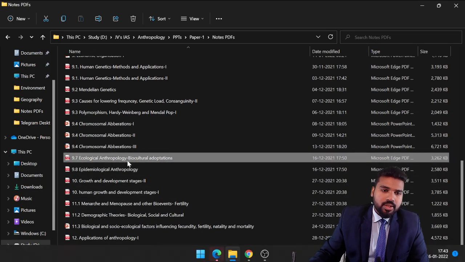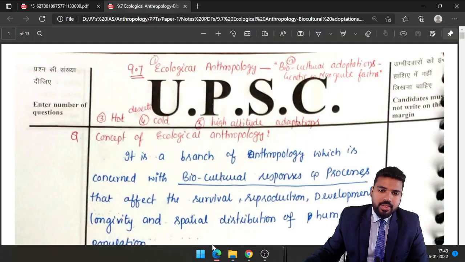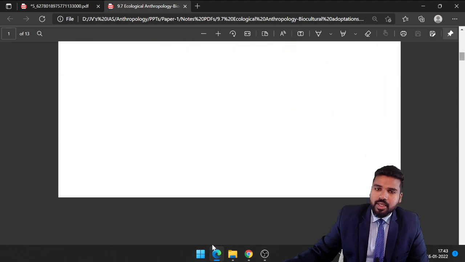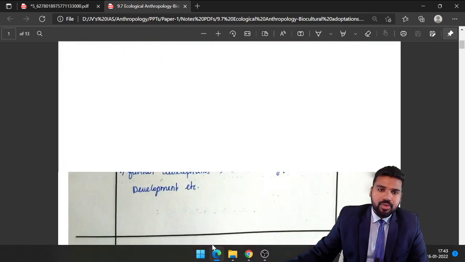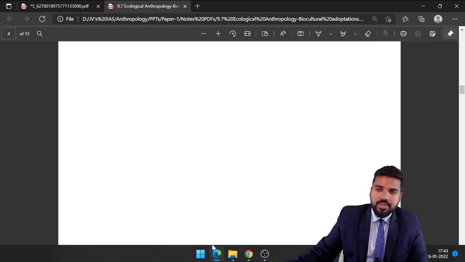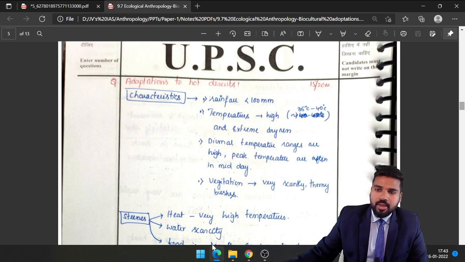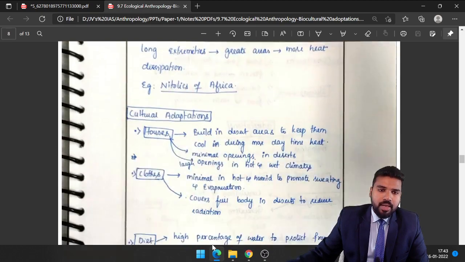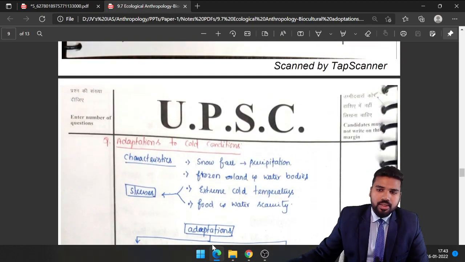Ecological anthropology and biocultural adaptations, this is what we have seen. So here we have discussed this particular topic. I have explained it. Okay. So there we have seen what are the acclimatizations and adaptations to the cold climates and high altitudes.